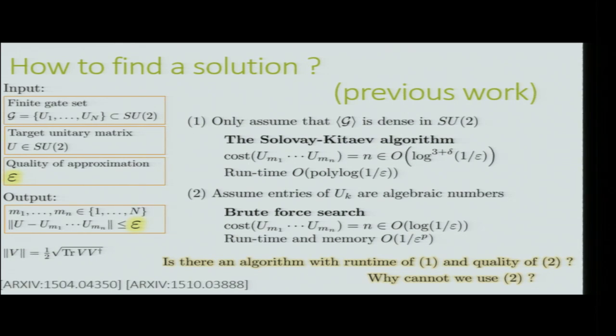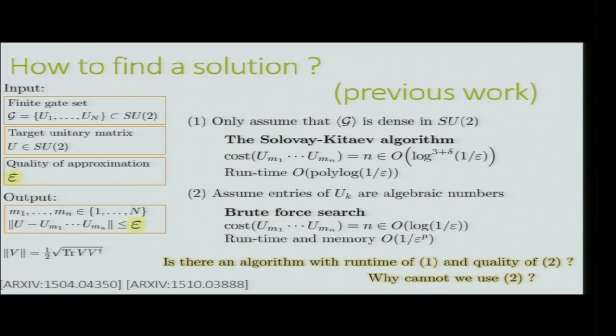The first one might be practical, right? Because you only have the polynomial. Yeah, and also I will show some numbers illustrating why we're concerned about this 3 plus delta versus just log, right? So why in practice we care a lot about the difference between log and log cubed.